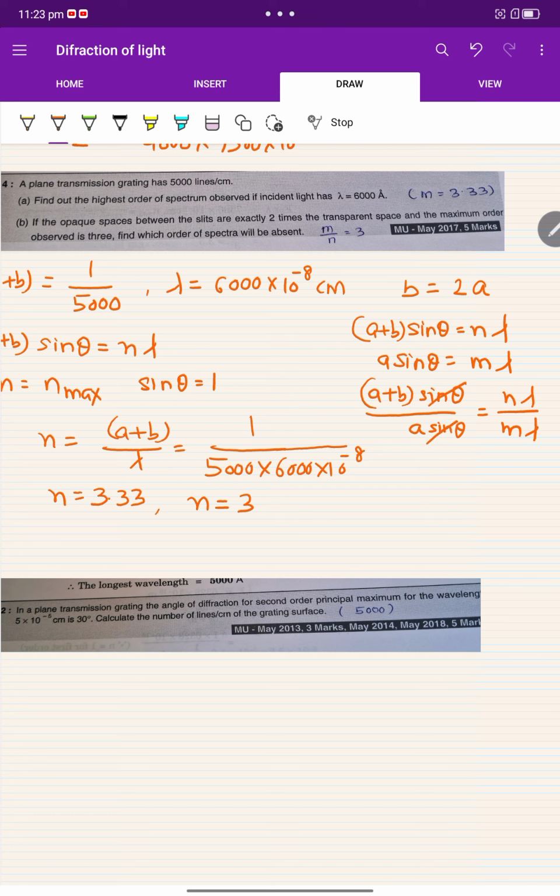Sine theta cancels, wavelength gets cancelled. In place of B we'll substitute 2a. So this will become 3a divided by a equals n upon m. A cancels. n equals 3m. So n equals 3, 6, 9, and other higher order values are the missing interference maxima.